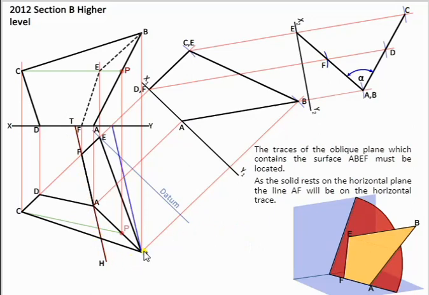Then to find the vertical trace, we take another point on the oblique plane, say point B, bring it parallel to HT, then bring this point up and then bring B across. Now that's our vertical trace complete.